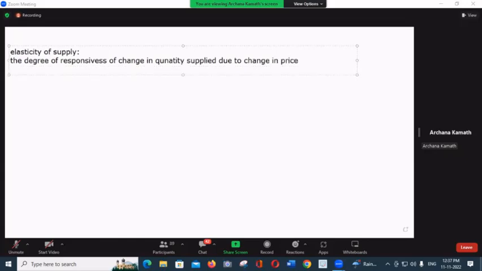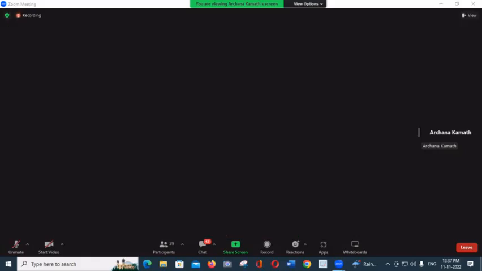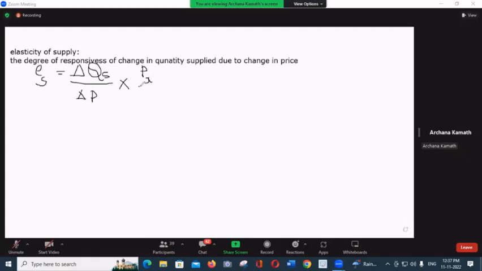Same equation, same definition. Only thing is the numerator, elasticity of supply is the factor. Elasticity of supply is equal to delta QS with respect to delta P, change in quantity and change in price, into initial price of X commodity with respect to initial quantity supplied.